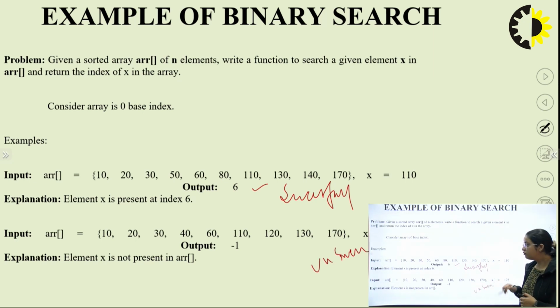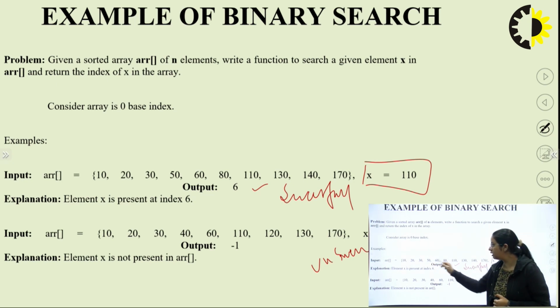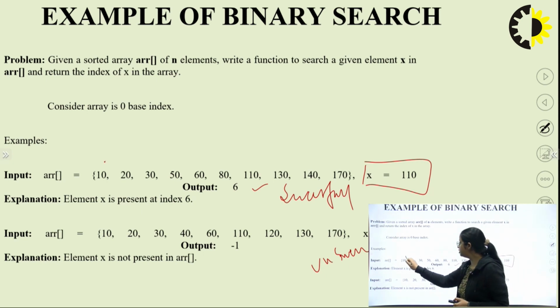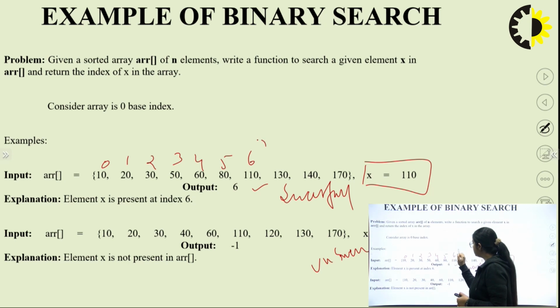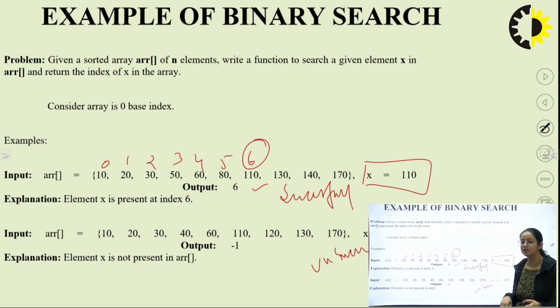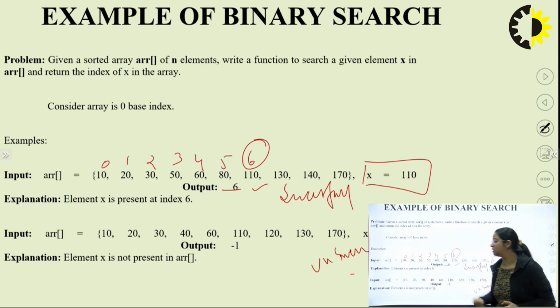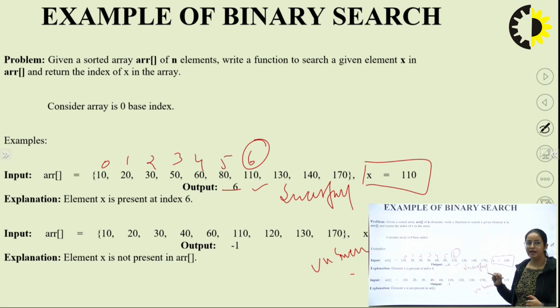Why? In the successful search, we are searching for the element x equals 110 in this particular array, and we get the element at position 0 1 2 3 4 5 6, that is at position 6. So we print output 6, because element x is present at index 6.